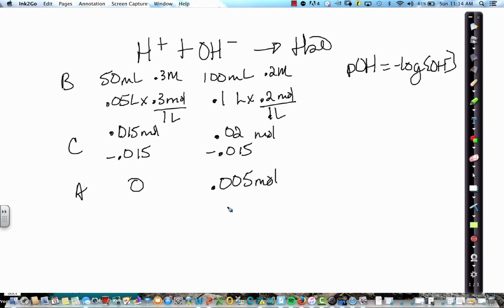All right, so we still need the concentration. This is the number of moles, not the concentration. So I'm going to have to find that concentration first. So it's 0.005 moles divided by my volume. Well, it's not 50, it's not 100 here, it's 150 milliliters because we have combined them together. The new volume is 150.